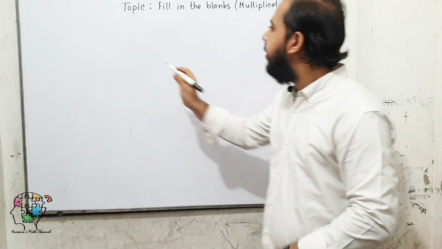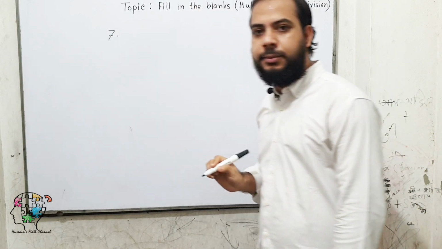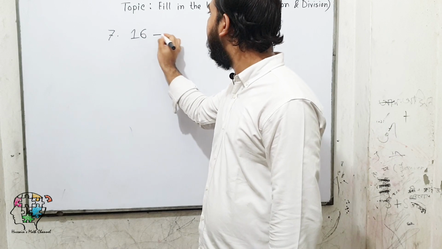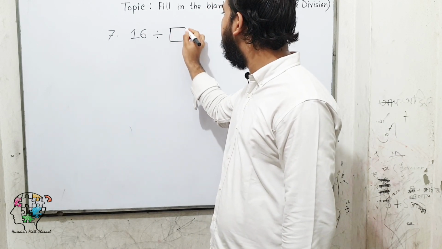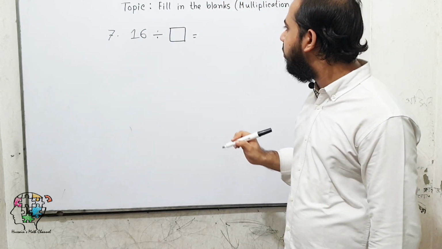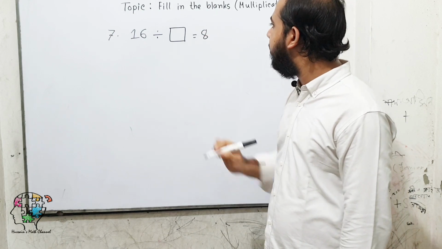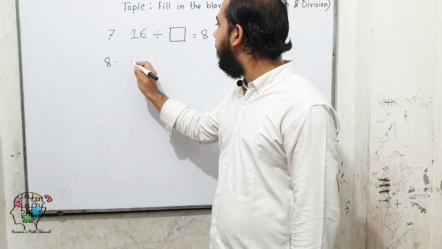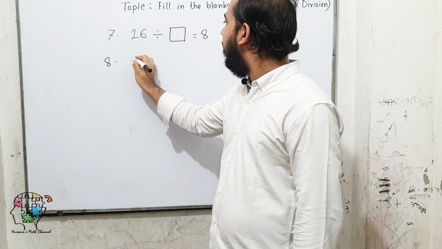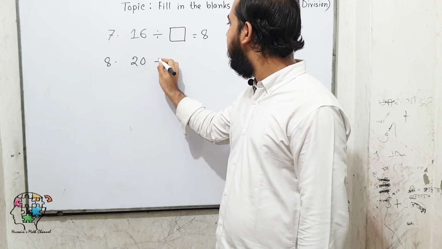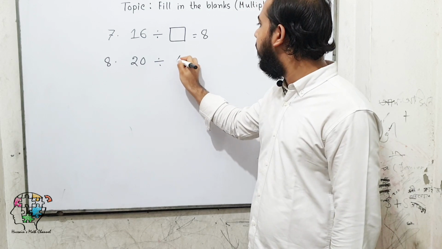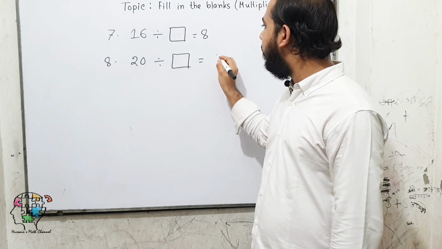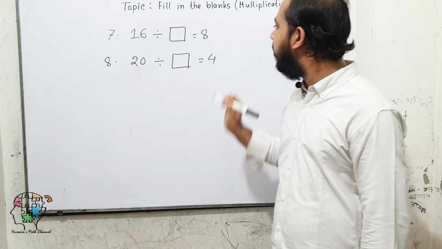Question number 7: 16 divided by blank is equal to 8. So how can we find this number? 20 divided by blank is equal to 4.